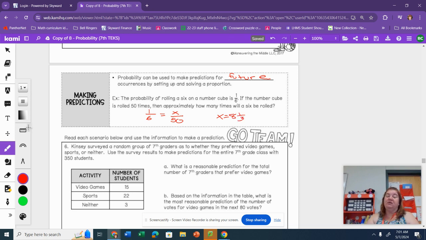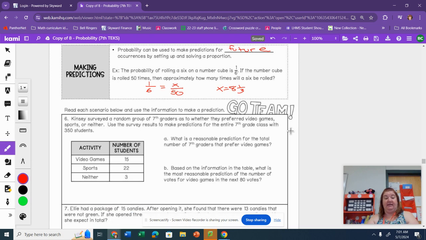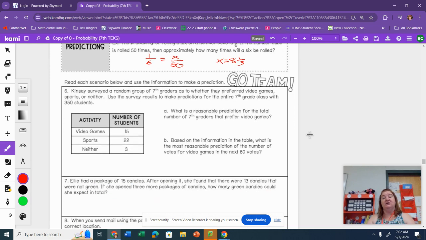Okay. So let's look at real life examples of this. And here's an example. Counselors, people setting up events, they do this all the time. Kinsey surveyed a random group of 7th graders as to whether they preferred video games, sports, or neither. Use the survey to make predictions for a class of 350.